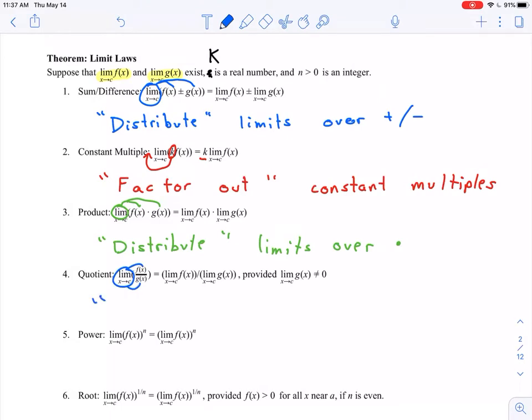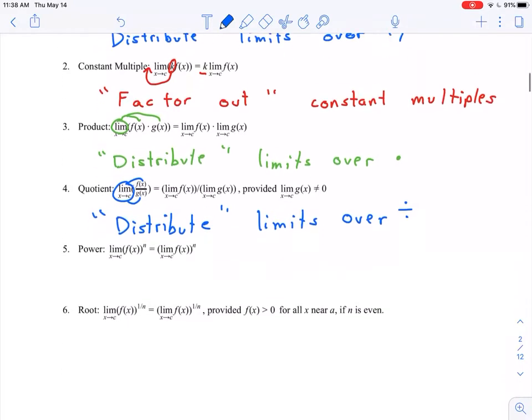So I can again, quote, distribute limits over division as long as the limit of your denominator is not equal to 0. That's just to keep us from dividing by 0. We'll actually talk about that in the next section. Something very particular and very interesting is happening if the limit of the denominator is 0, so we'll talk more about that in the next section, but just keep that in the back of your mind for right now.